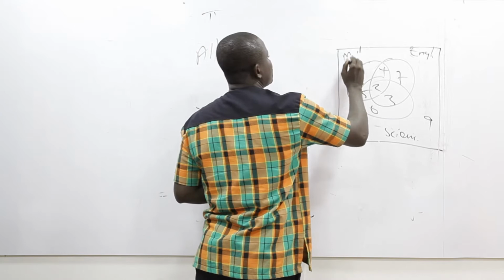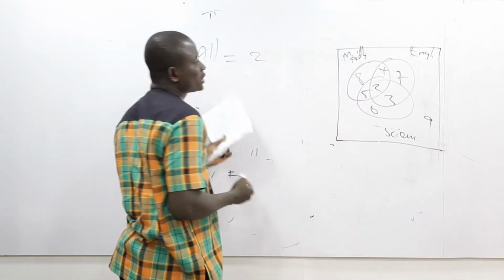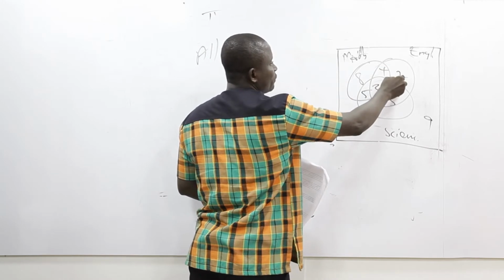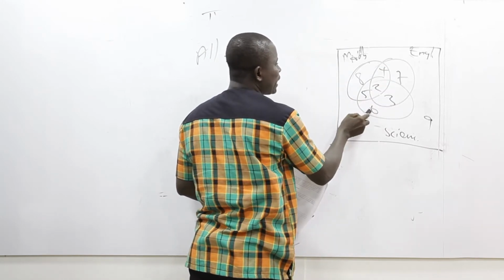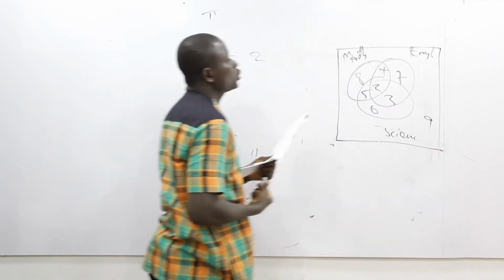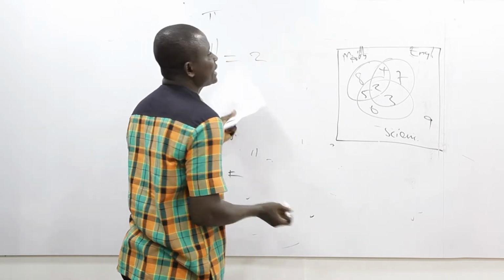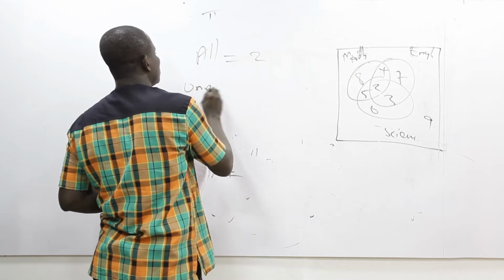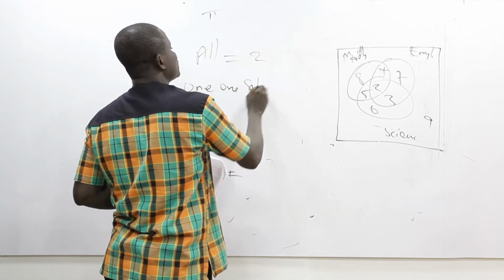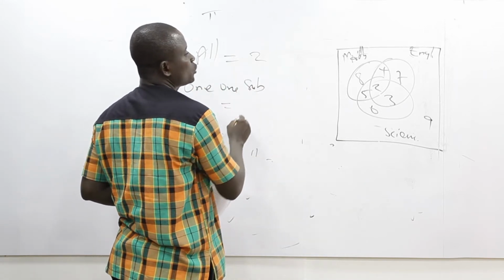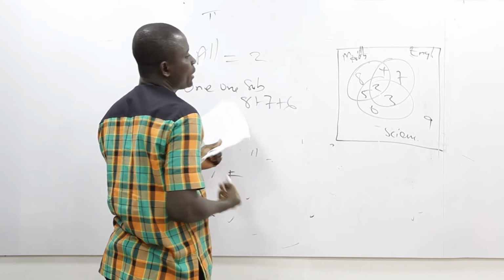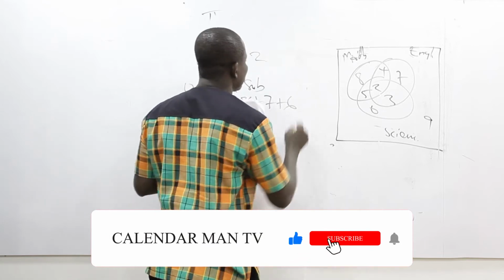This is maths. Only maths is 8. Only English is 7. Then only science is there. Look at the only. Only one subject is going to be 8 plus 7 plus 6, and when you add it up, that is 14, 21.